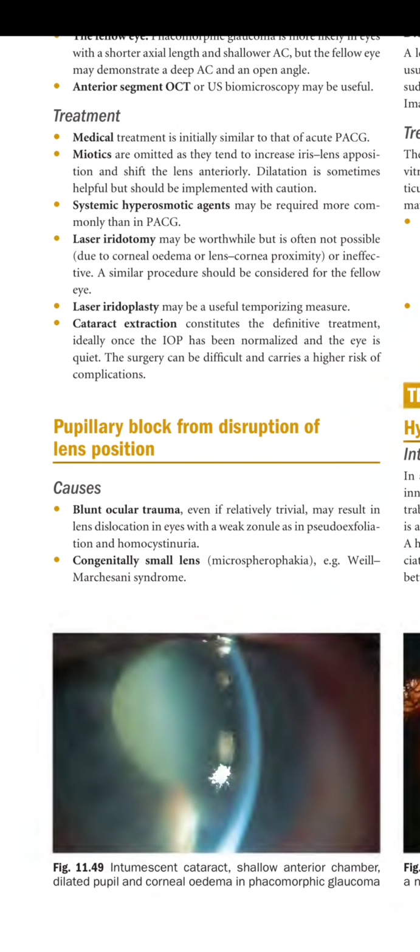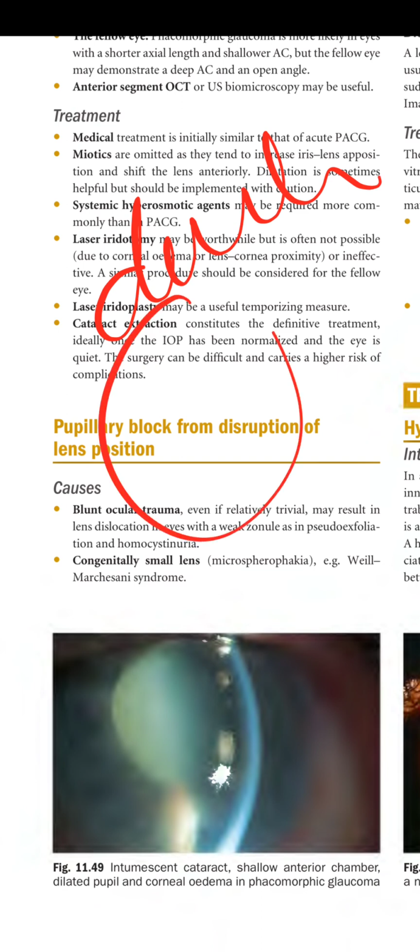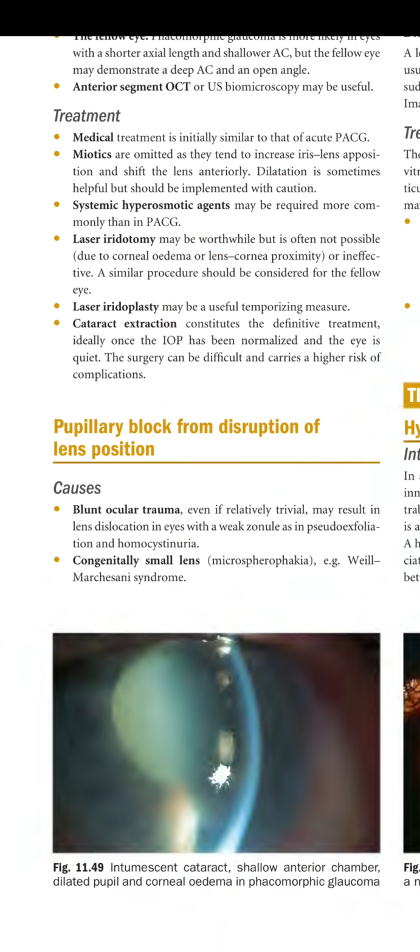So if the lens is getting dislocated and it is obstructing the pupil, and the aqueous humor is not flowing from the posterior to the anterior chamber, it means that it is a pupillary block from the disruption of lens position.